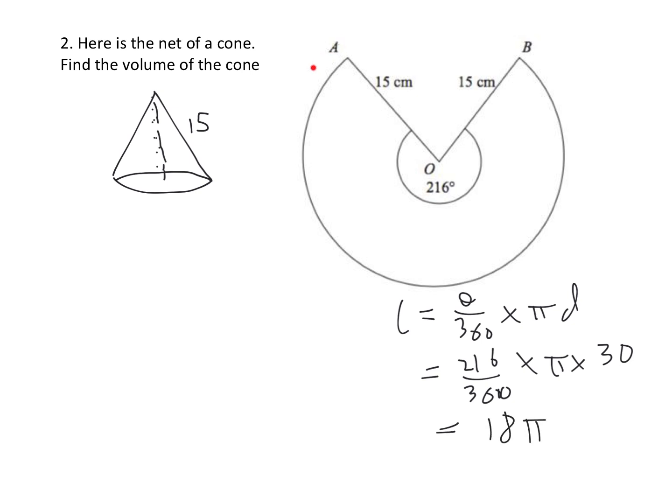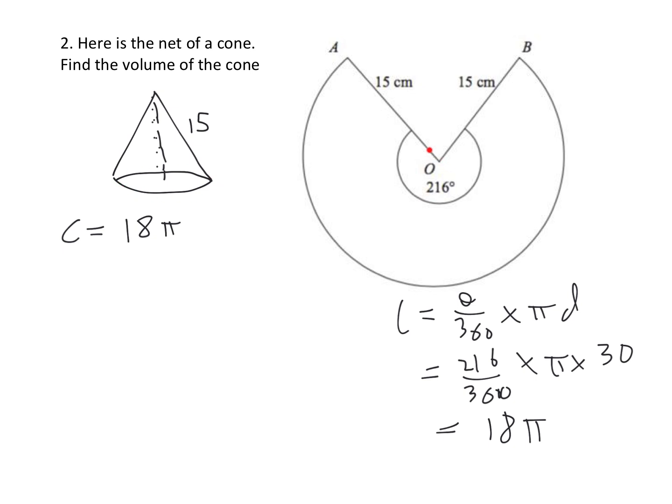So 18 pi is the arc length, but as we join A and B together, that becomes the circumference of the circle. So we now know that the circumference of that base circle is 18 pi. This circle and this circle are two different things. This arc length is 18 pi, this circumference is 18 pi.